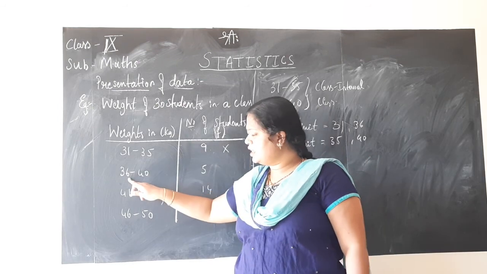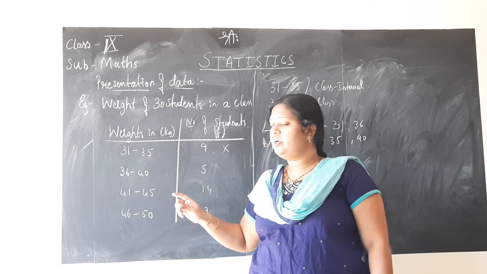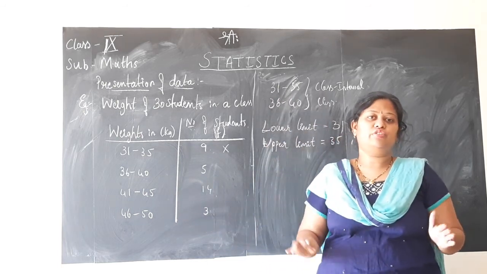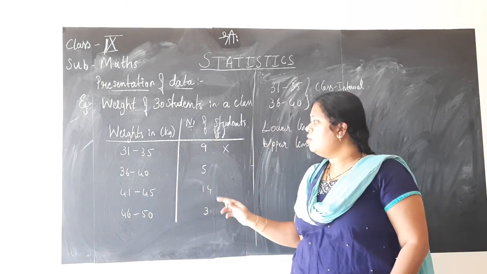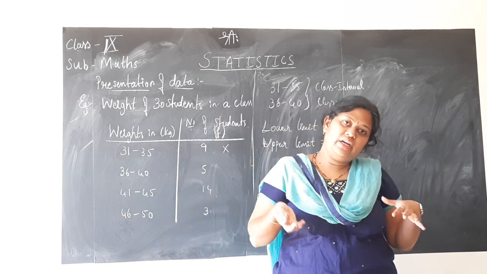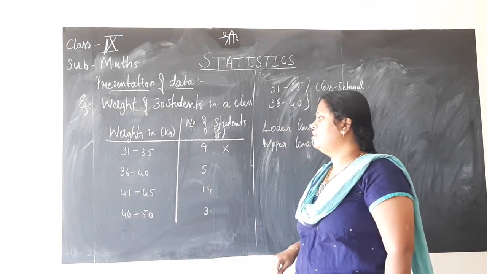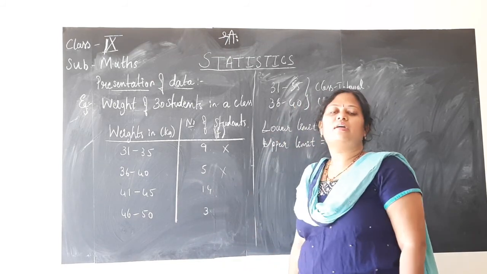I will go to the second class interval, which is of the range 36 to 40. So here the student weight ranges from 36 kg to 40 kg. So its lower limit is 36. I cannot add a student who is lower than 36 kg, who is weighing 35.5, children. So it does not fit in this column either.